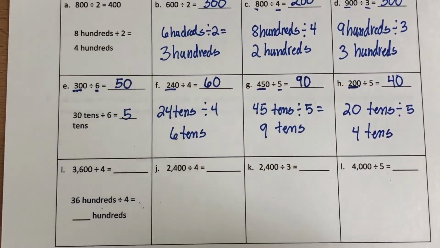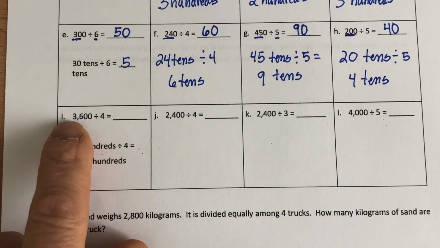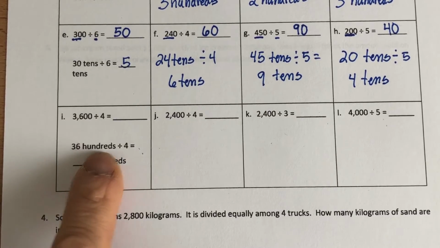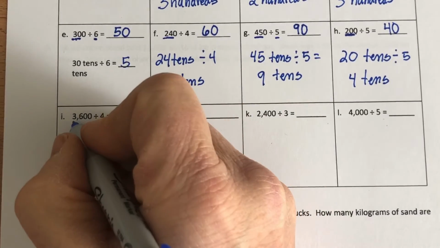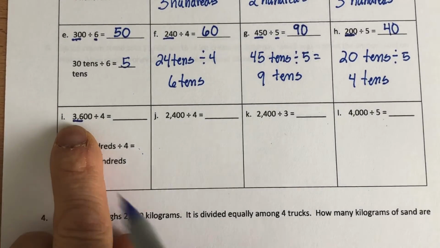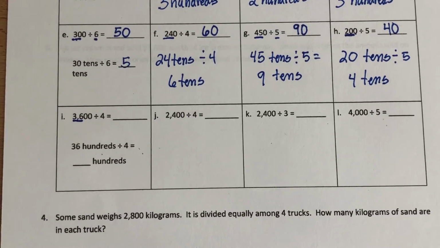Okay? Perfect. Now down here I've got 3,600 divided by 4. Do you think it really wants me to do 3,600 or should I do this 36 hundreds? And the answer is right below it, 9 hundreds. Okay. So I see 36 hundreds. So first I'm going to say, well, what's 36 divided by 4? And if I know my multiplication facts, I'll know this quickly.